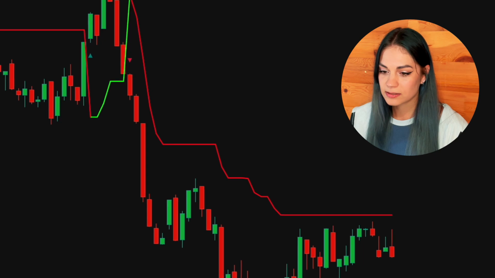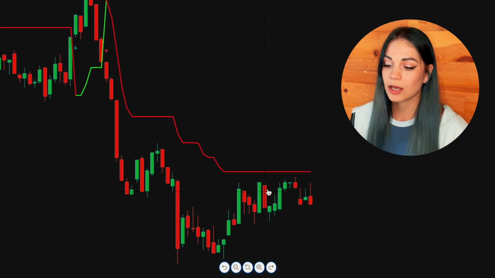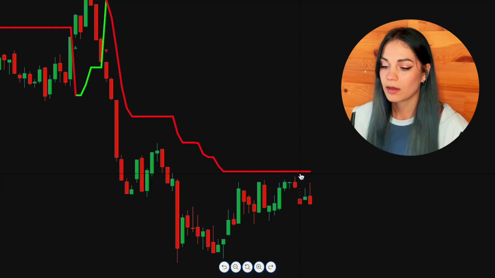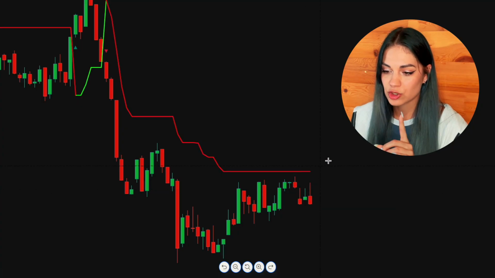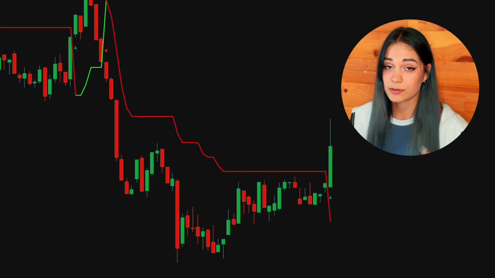So in this case, let's look at what we have. The price was going down, and right now the price is getting closer to our SuperTrend line, right? And at the moment when they cross each other, this is going to be the signal that the price is rising, and we're going to get the signal for us to enter a deal.